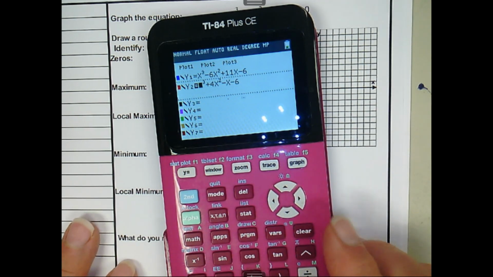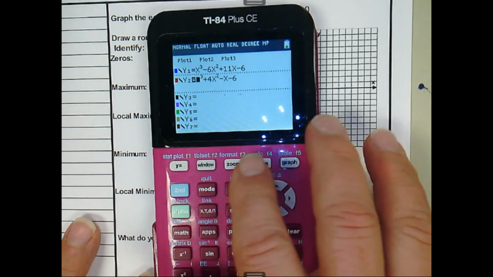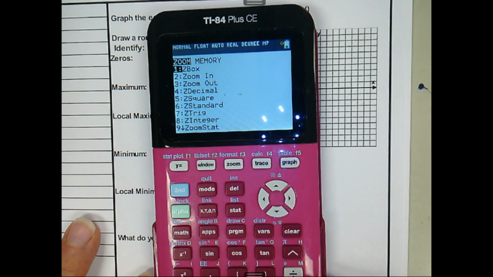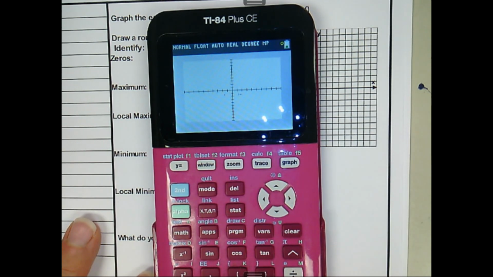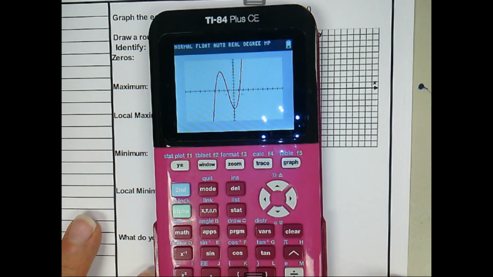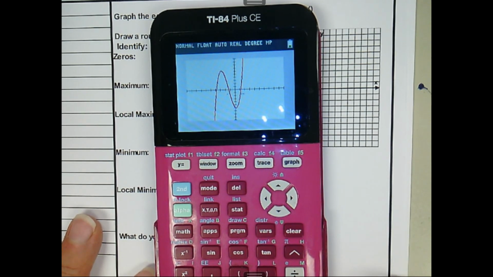Now I know that I've adjusted my window, so I'm going to hit zoom 6 and it will give me my square again. Zoom 6. Now I'm ready to use second and trace to find what I need to find.